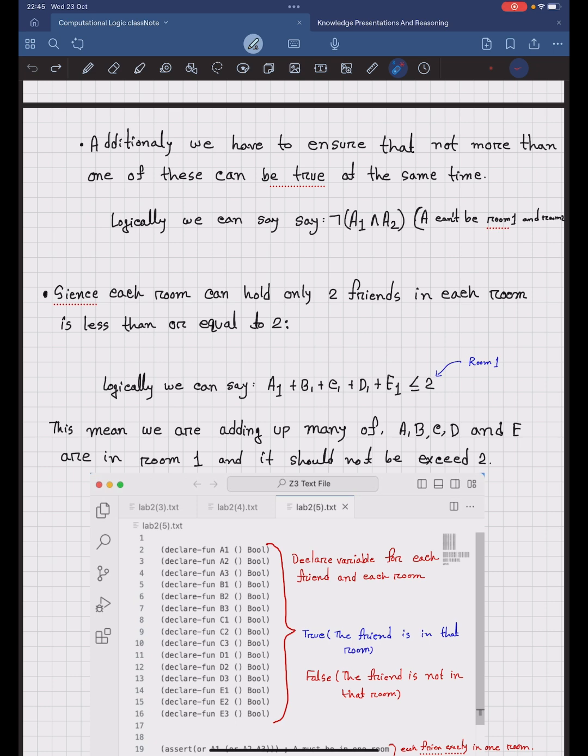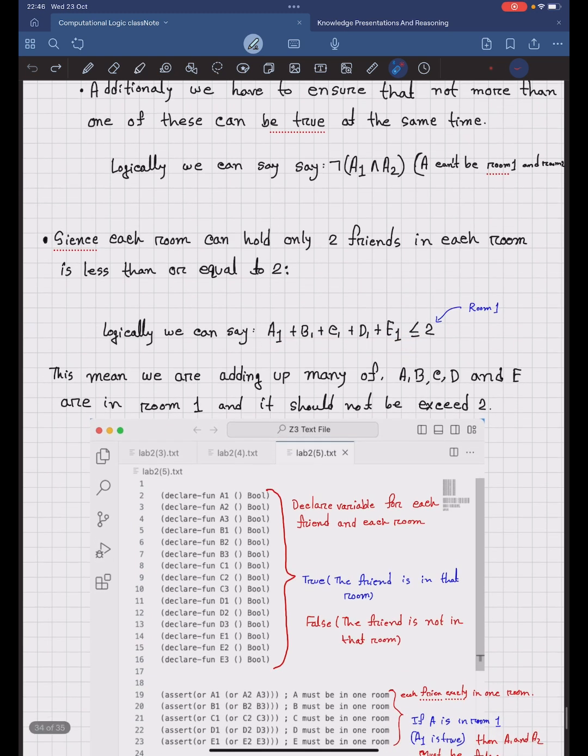It is similarly true for the other friends. So what does it mean? We are adding up A, B, C, D, E in room 1, and it should not exceed 2.